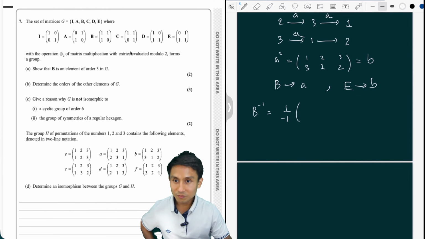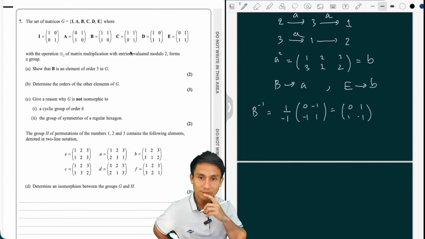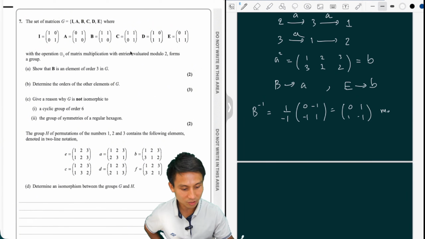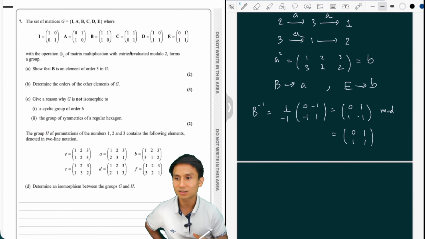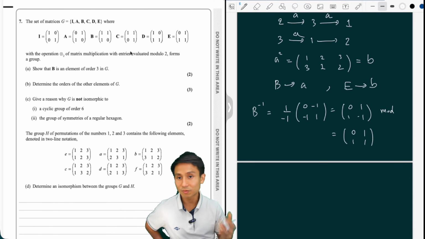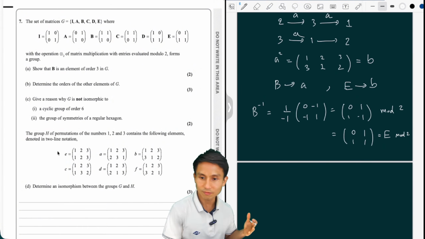And then times, swapping this and putting minus on that. This is basically just 0, 1, 1, minus 1. And if we apply modulo here, this is going to be 0, 1, 1, 1. Because it doesn't matter, minus or plus is still remainder 1 in modulus 2. This is matrix B, modulus 2, right? So they're the same, remainder.